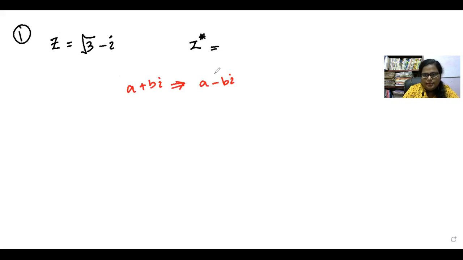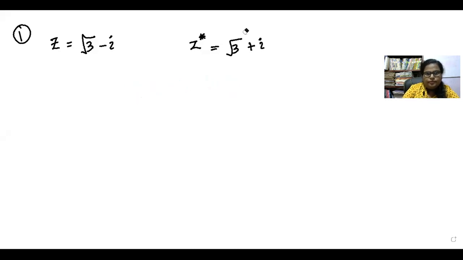So this is the main idea of this complex conjugate. So according to our example, we can write this Z star as square root 3 plus i, right? So you have to change the sign of the imaginary part of this complex number, right?